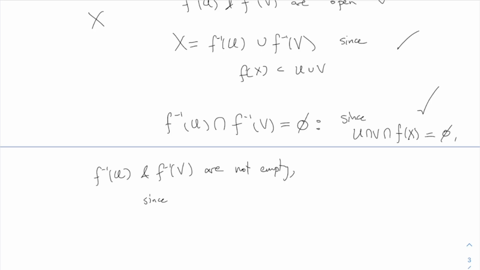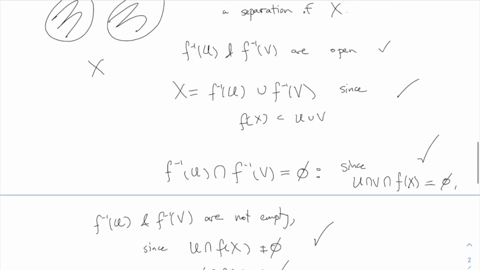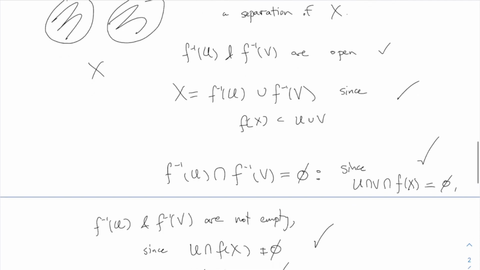Another way of saying that is u intersect f of x is not empty, and v intersect f of x is not empty. That completes the demonstration that this really is a separation of x.